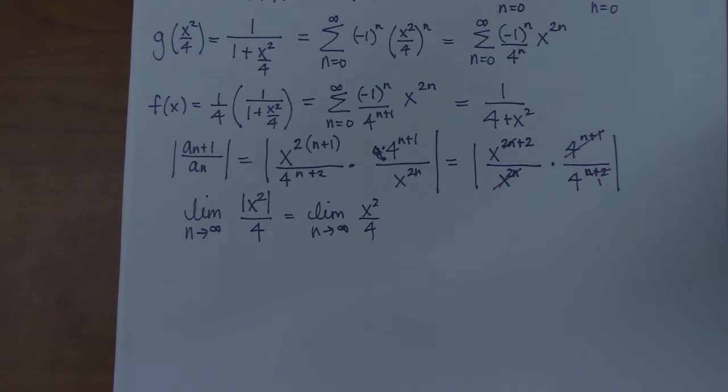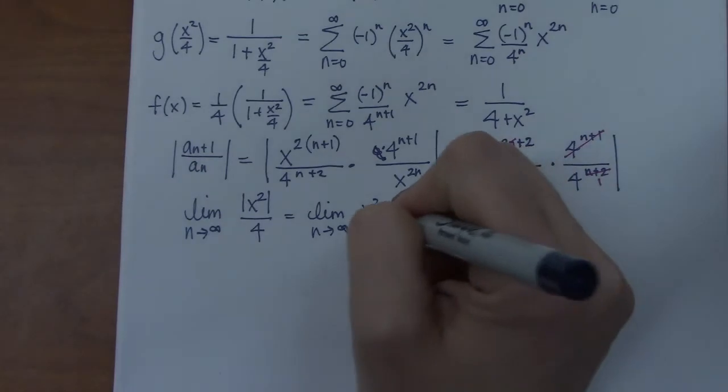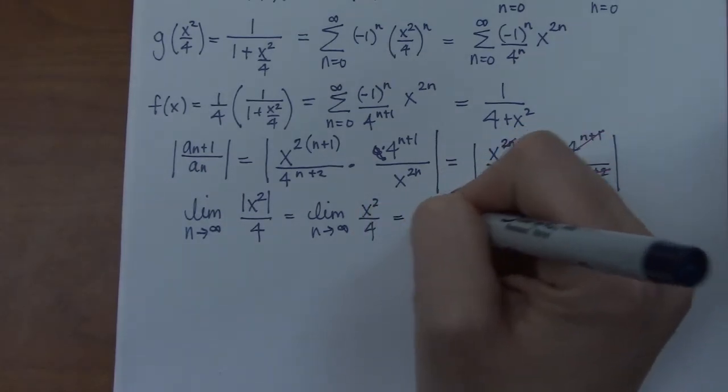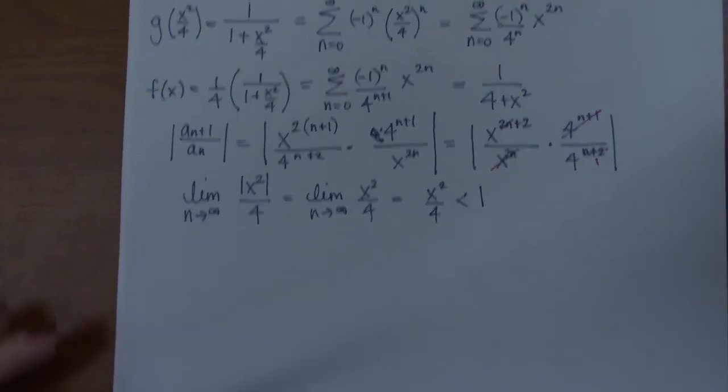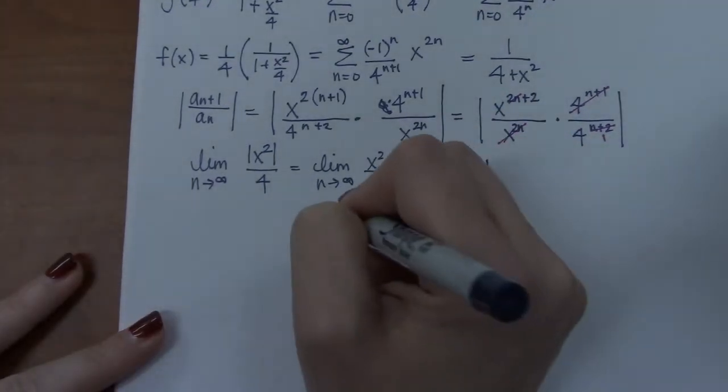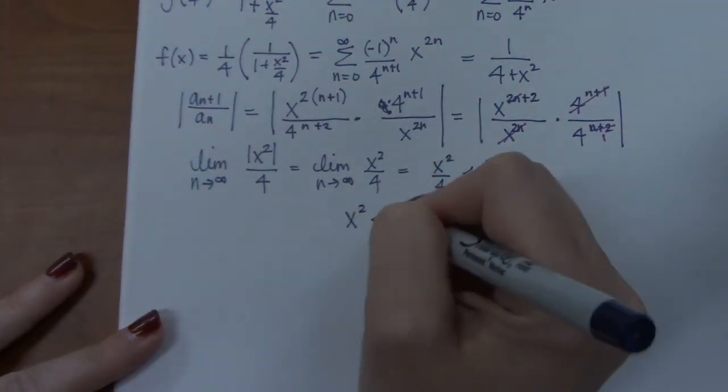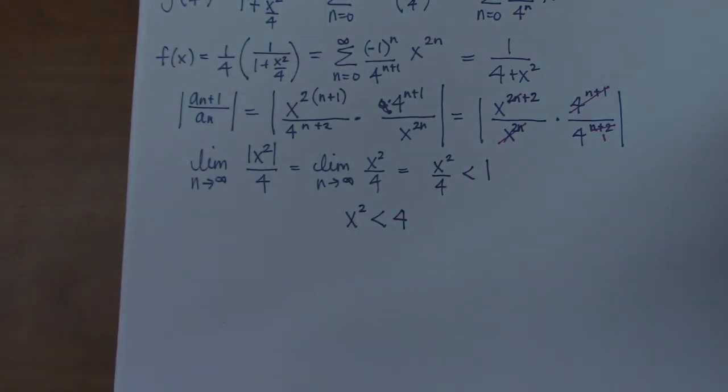So what's the limit of this going to be? It's just x squared over 4. There are no n's left, right? So the limit of a constant is just a constant. So now what I have is that x squared over 4 has to be less than 1. So that means x squared has to be less than 4.